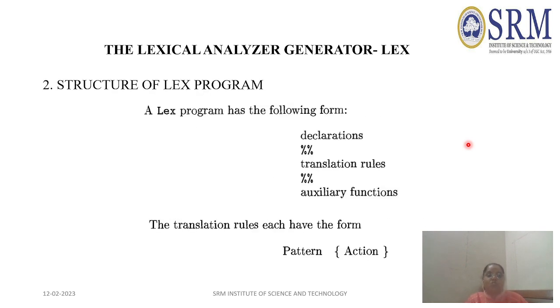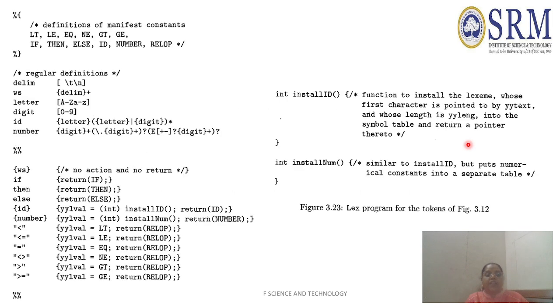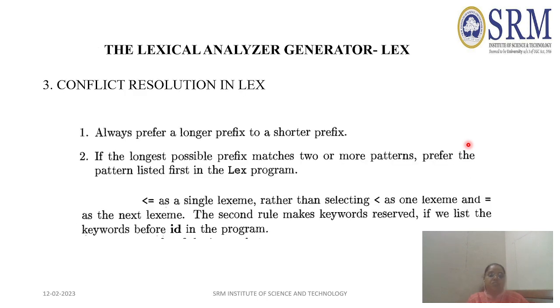The second one is the structure of a lex program: declaration part, translation rules and auxiliary functions. An example for that has been given here, wherein we have seen about yytext, yylval, install ID, install number, the declaration part, the translation rules, and the auxiliary functions. Okay, so the next one is conflict resolutions.